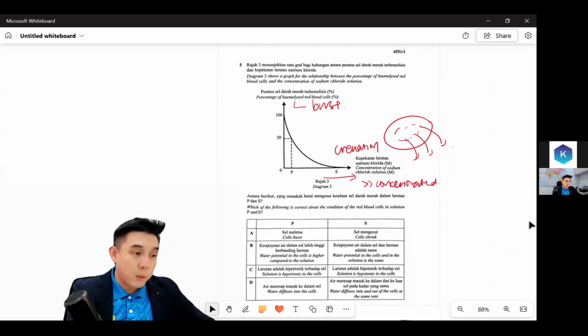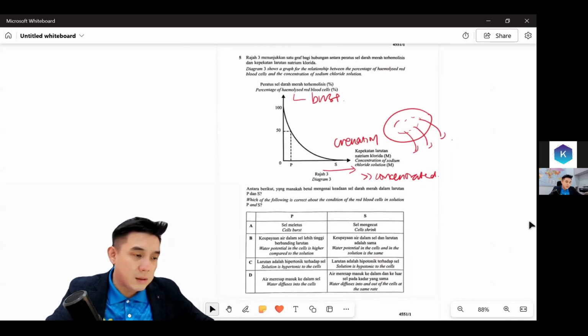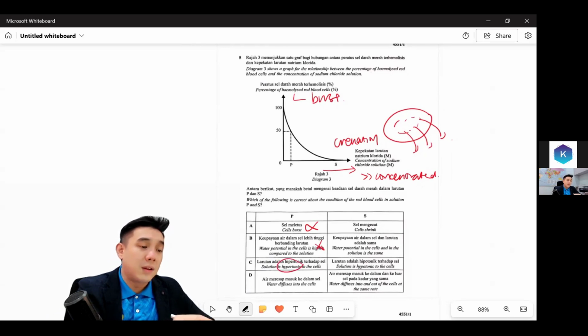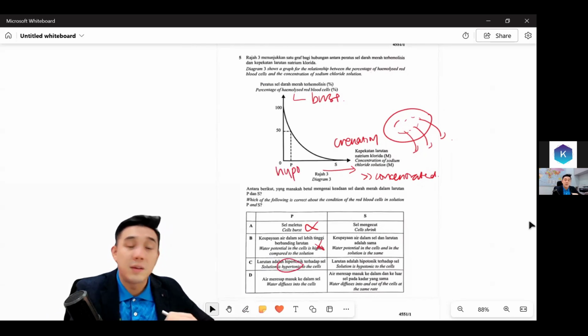Which of the following is correct about the condition? P does not burst. Water potential in the cell is higher. Actually, this is not correct as well. Outside is still hypotonic, so this is wrong, not hyper.